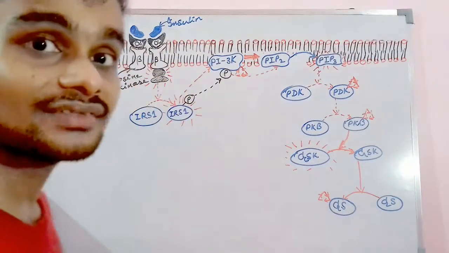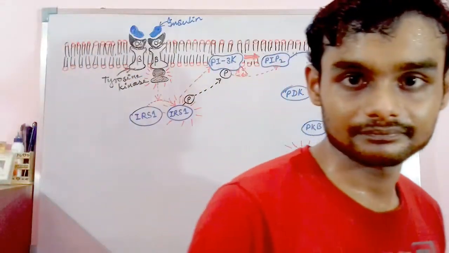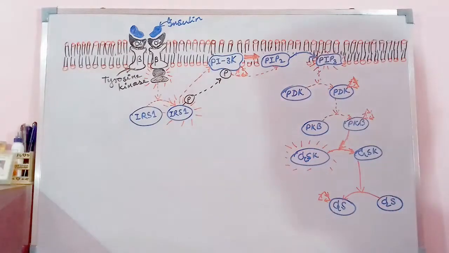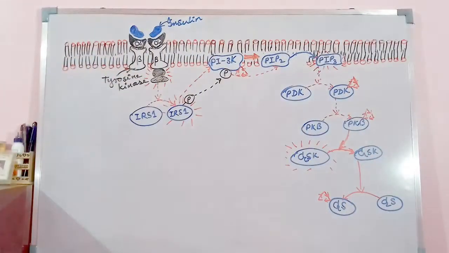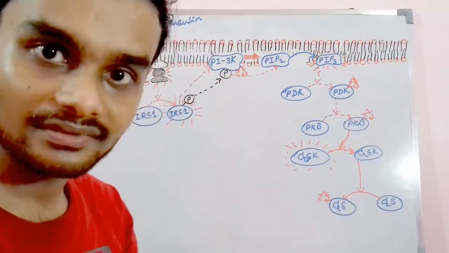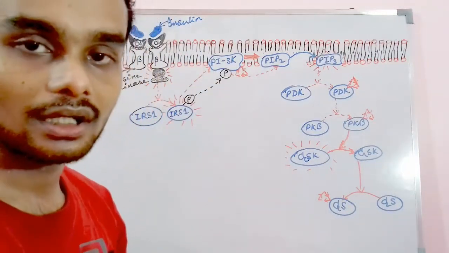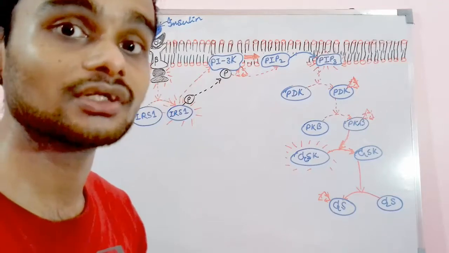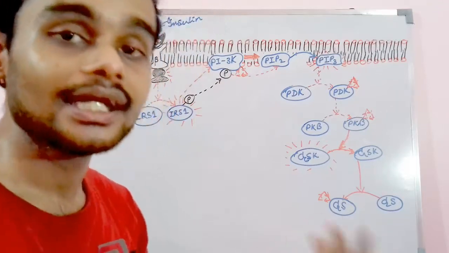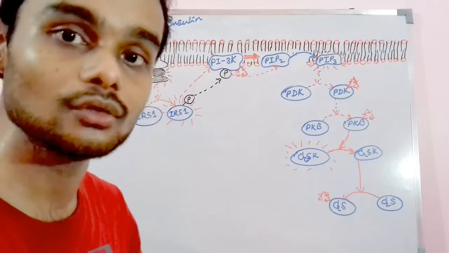But here, the glycogen synthase inactivity is not needed. The major reason is that if glycogen synthase gets inactivated, it would not help the pathway leading to the formation of glycogen, because glycogen synthase helps in the formation of glycogen from glucose.